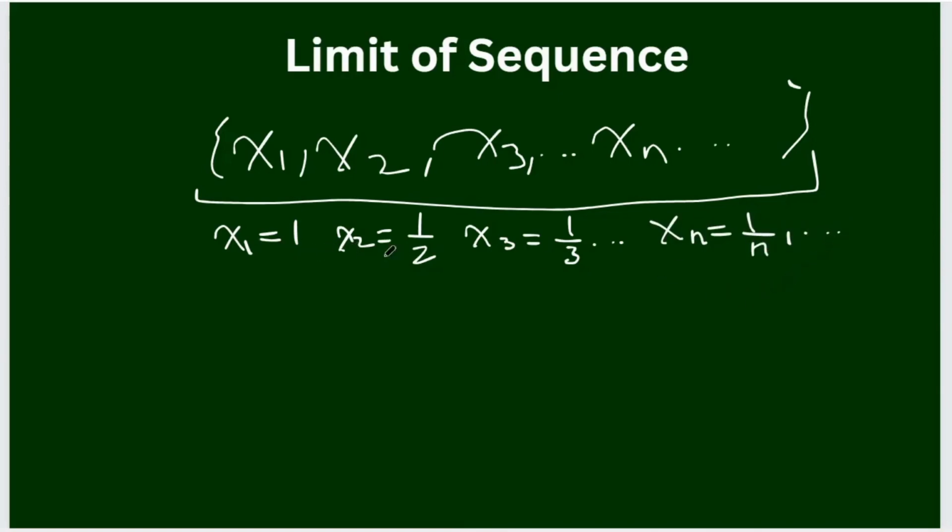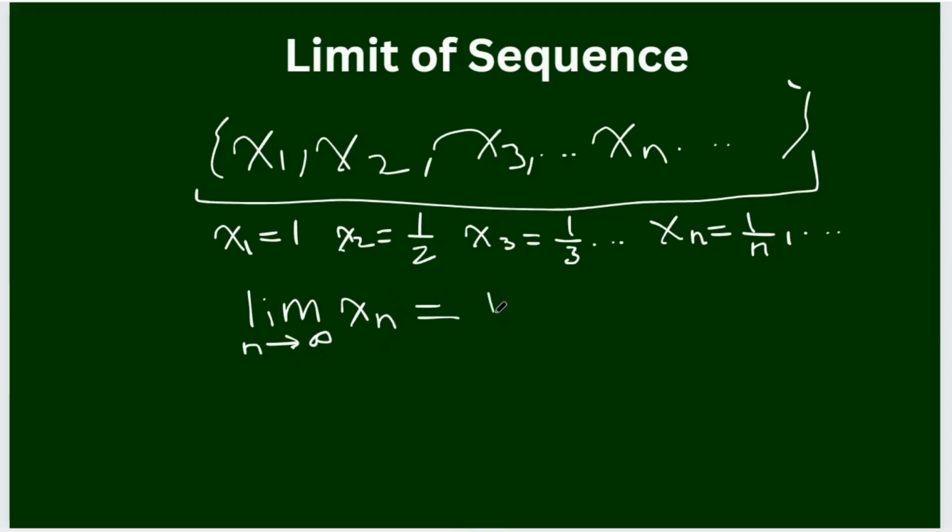So here, the number is equal to the reciprocal of n, right? So 1 over n, that's the reciprocal of n. So we can write the limit of xn as n approaches infinity.